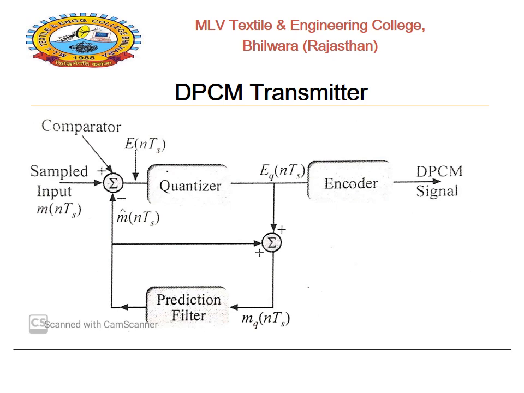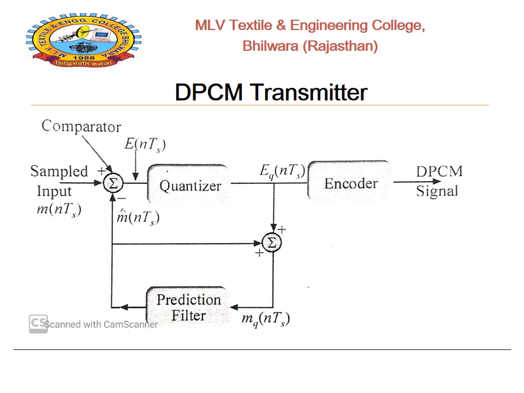The quantizer output EQ of nTs is given to the encoder, and the encoder provides the DPCM signal. The output of the quantizer is also given to another summer, which is connected with the prediction filter, and the prediction filter output, that is m cap of nTs, is given to the first summer.